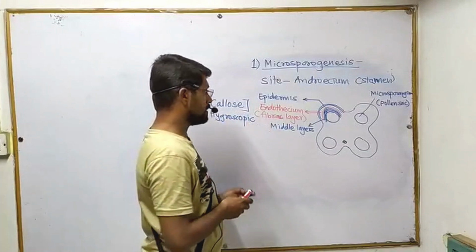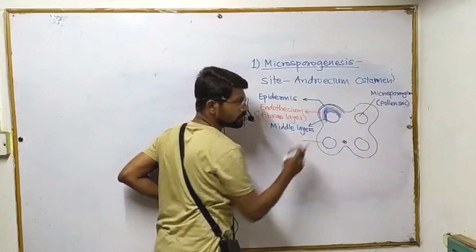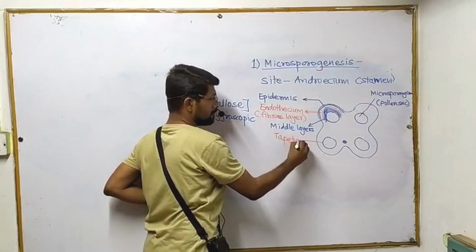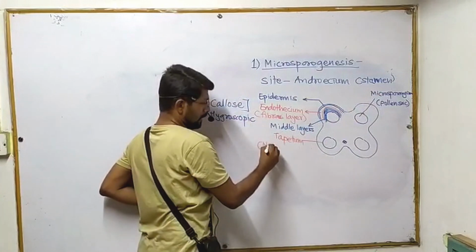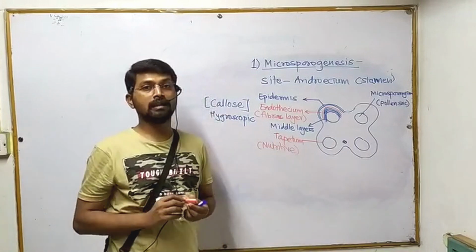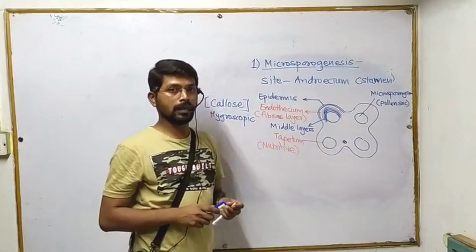The last layer is closely associated with the structure which is called as microsporangium, and that is called as tapetum. This tapetum is nutritive in function. It means it secretes certain substances. Now cells present in the tapetum are very peculiar.